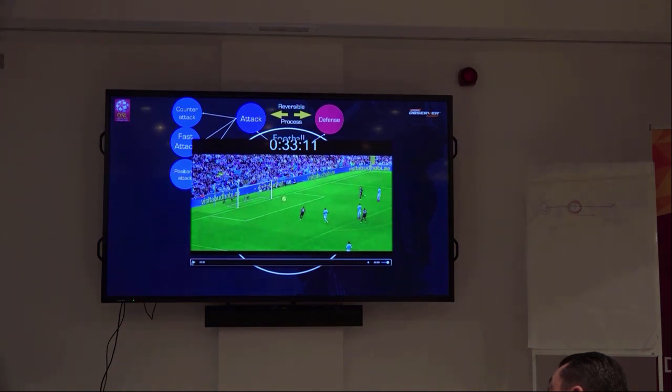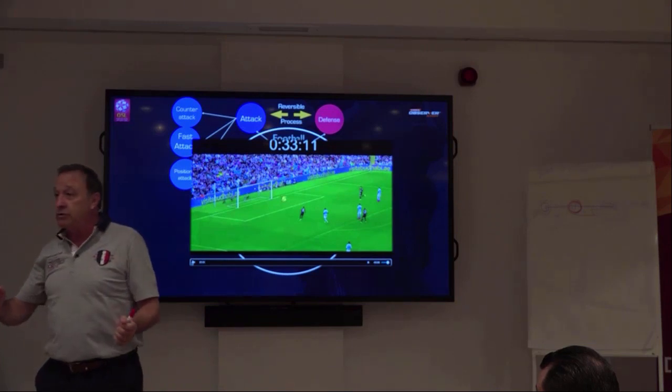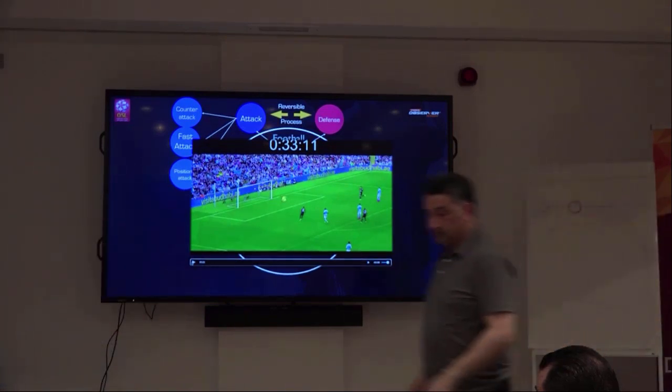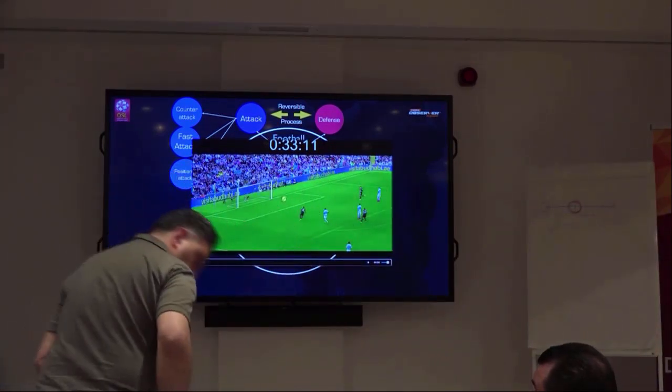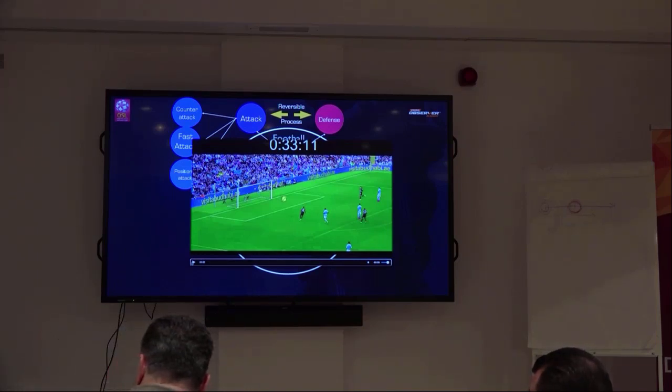This is an attack. It's an offensive process. But if the ball comes crossing, and I take the ball out, and it goes directly to the feet of the opponent, you're going to tell me that is an attack? It's not an attack.